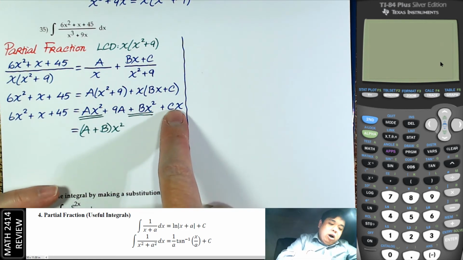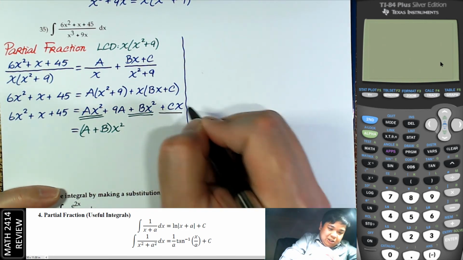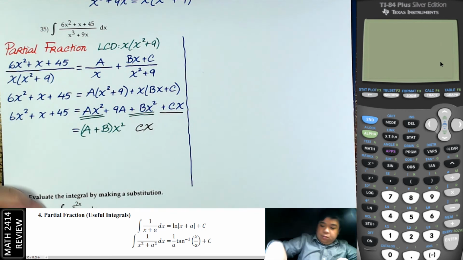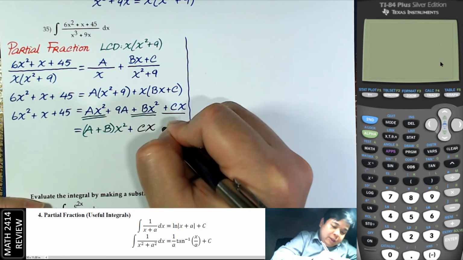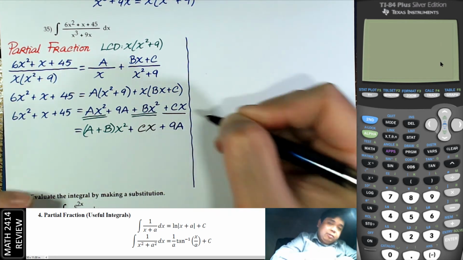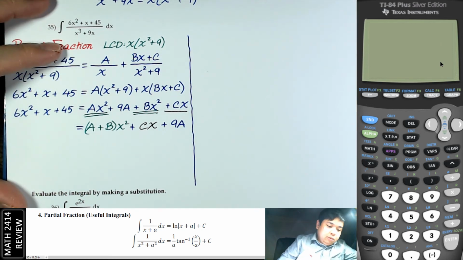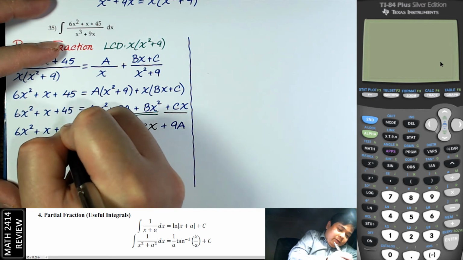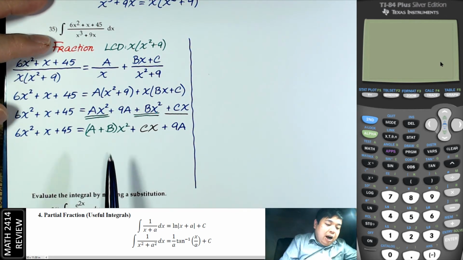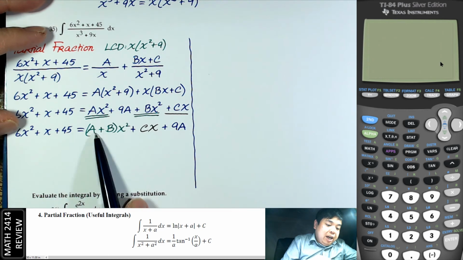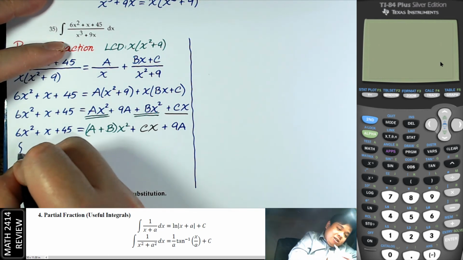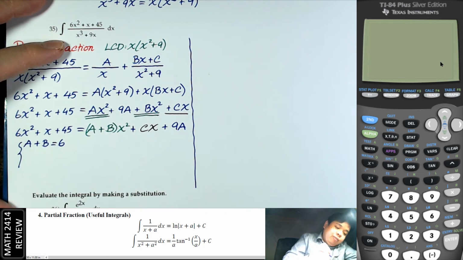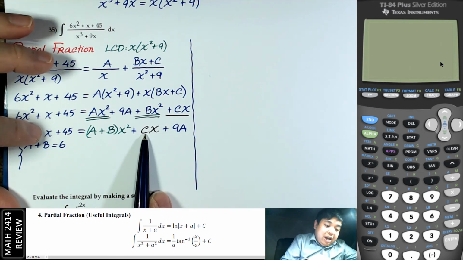And there's only one term with x, and then one constant. Right, 6x squared plus x plus 45. Right now, matching the coefficient for x squared, a plus b must be 6. And cx must be x, so c is equal to 1.